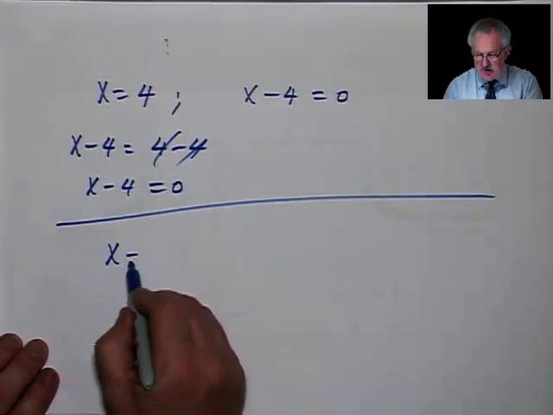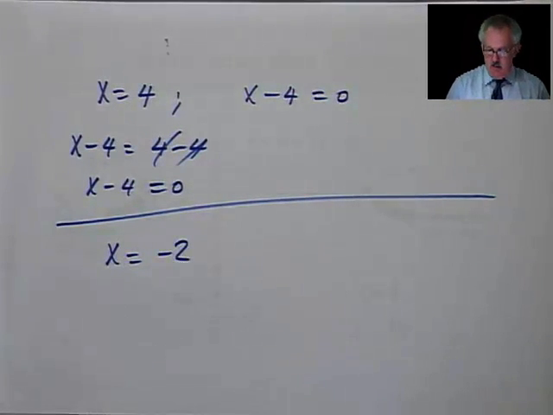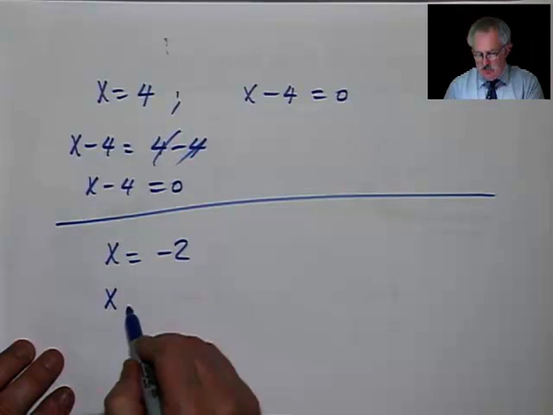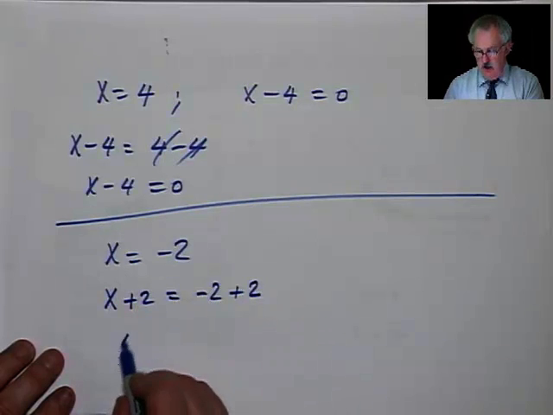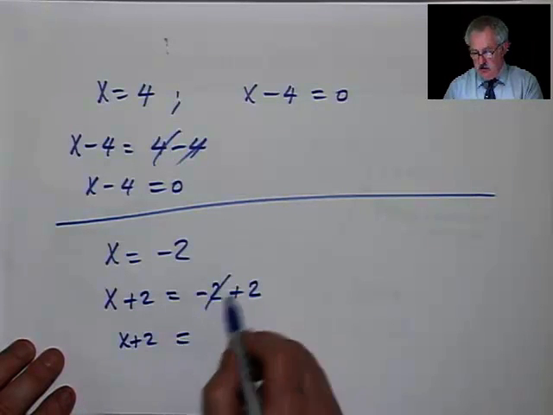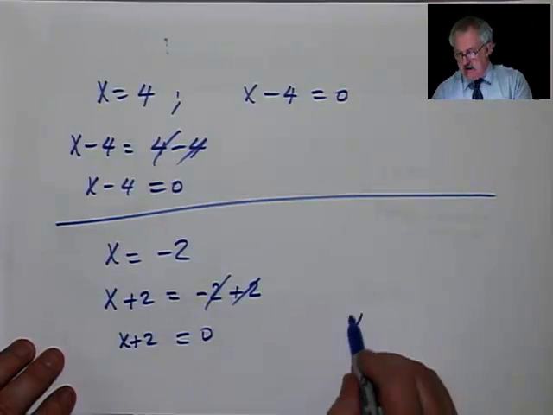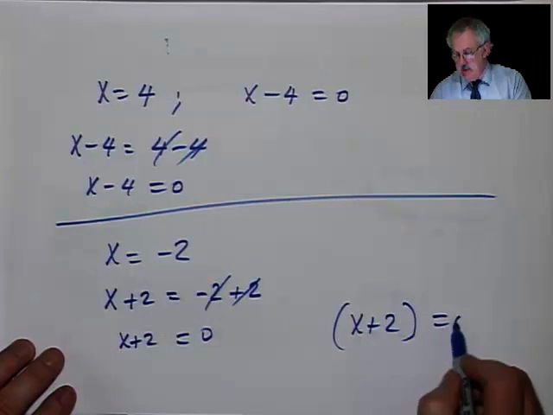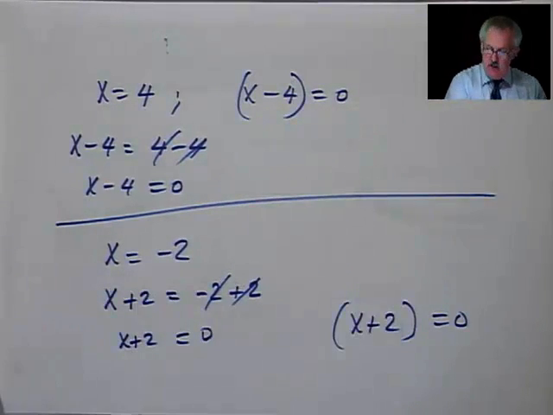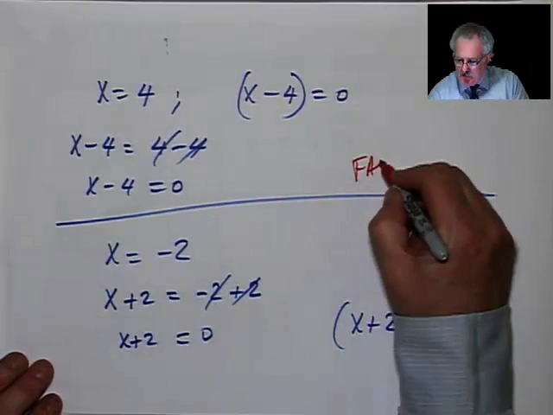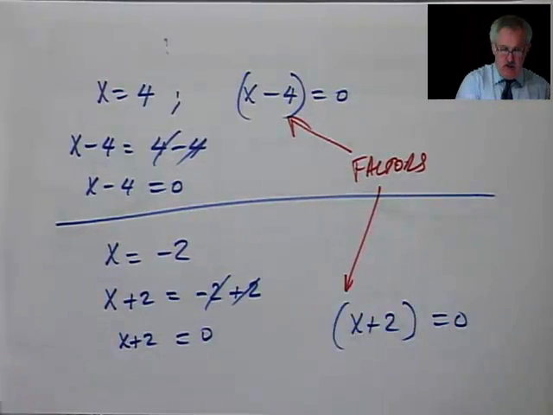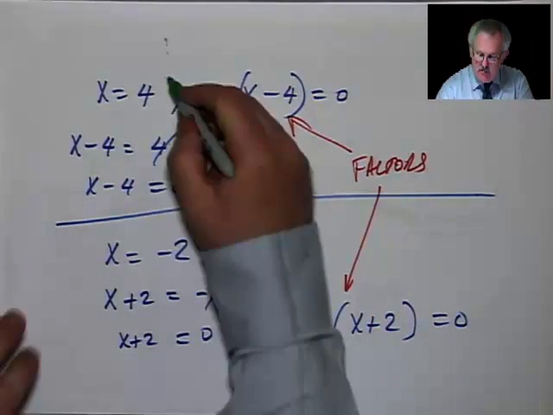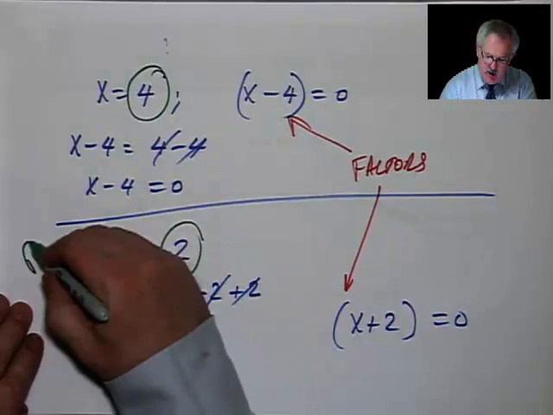Similarly, if you say x is equal to minus 2, well then x plus 2 is minus 2 plus 2. x plus 2 is 0. So these are called factors. And these are called roots.